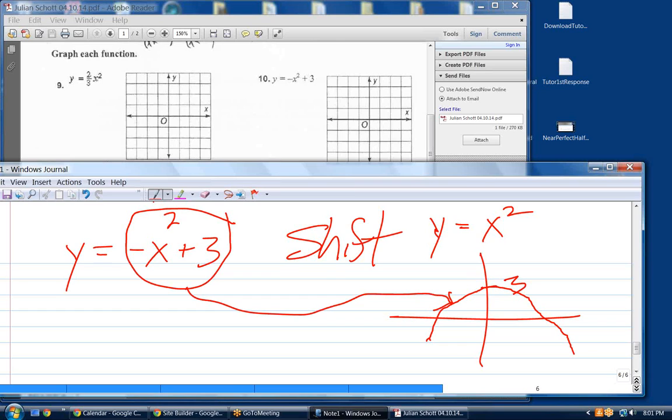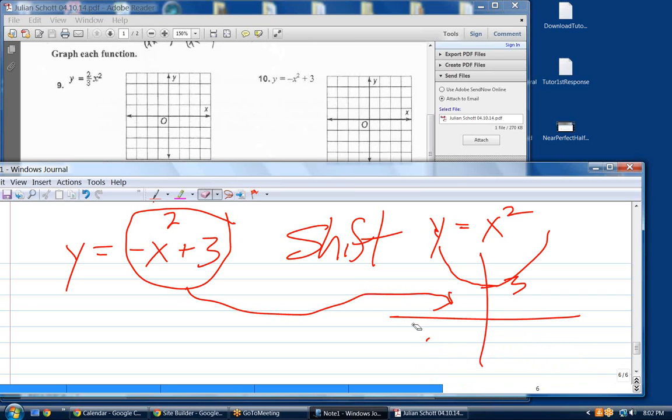And it matters whether you do the shift first or the reflection first. It's very important to do all of your reflections first. Notice the difference. If I did my shift first, I would get that. And then if I reflected that, it would show down there. So if I did the shift first and then reflected, that's what I would get, and that's not what I want.